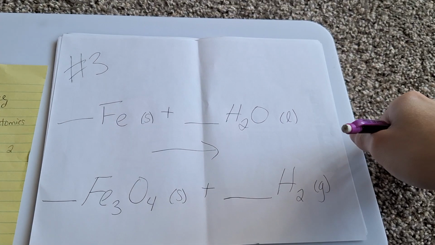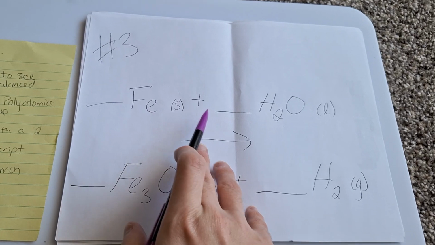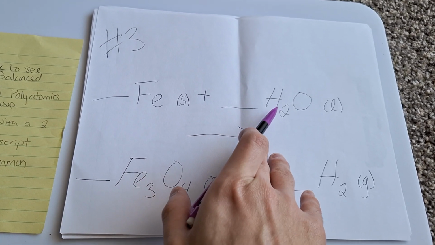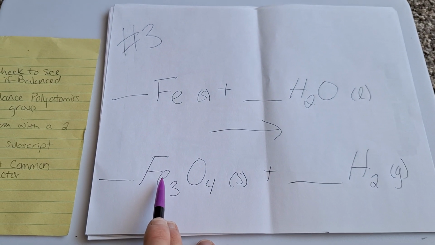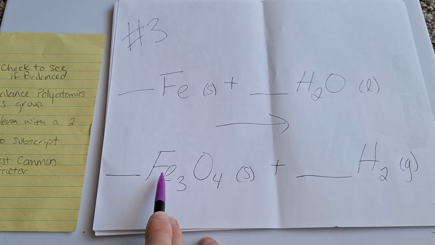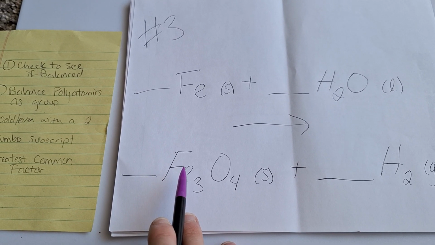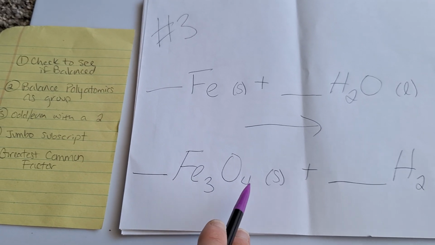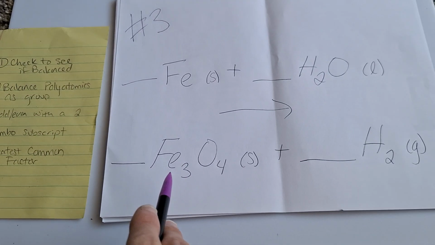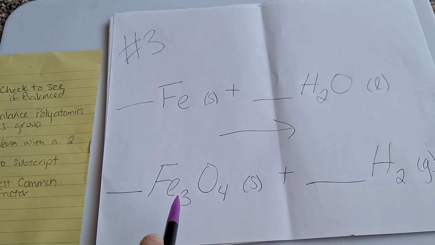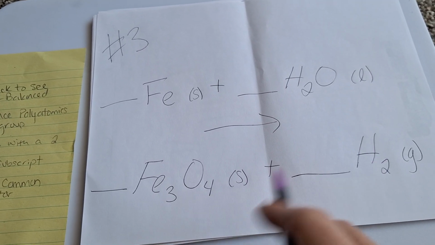Okay, so moving on to your third problem. You have iron metal in the presence of liquid solution, so water solution, producing Fe3O4 solid, which I can't remember what that directly is off the top of my head, and then hydrogen gas.